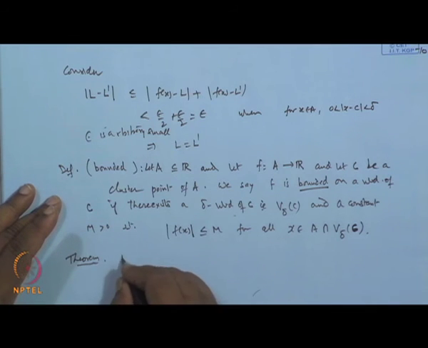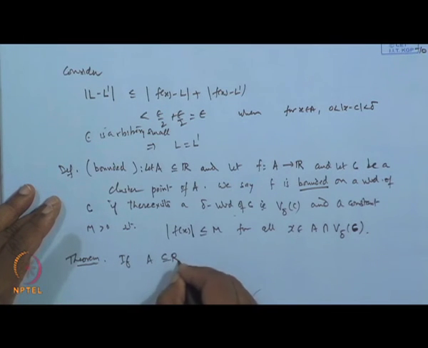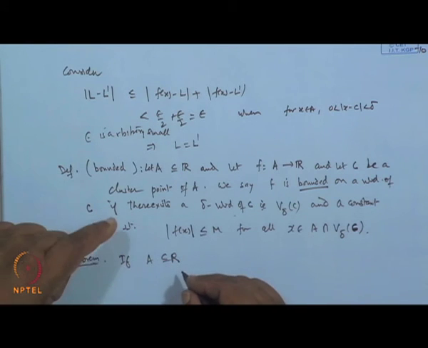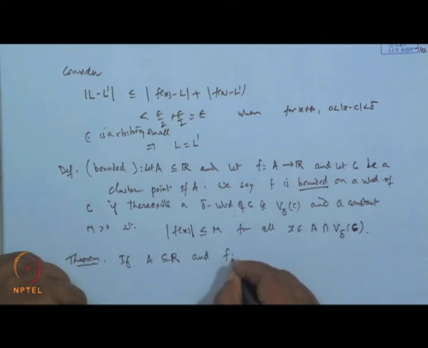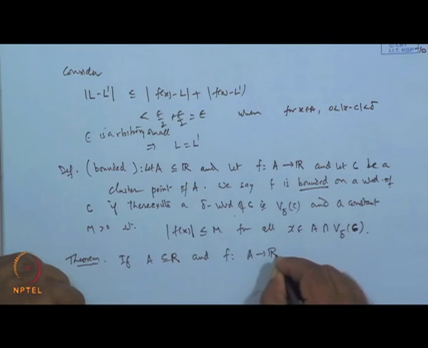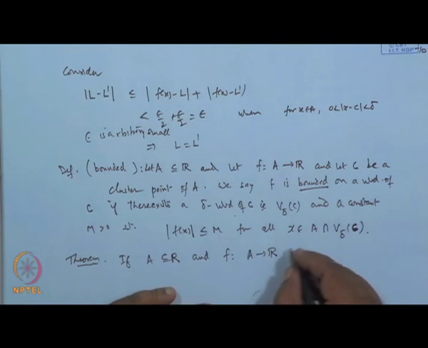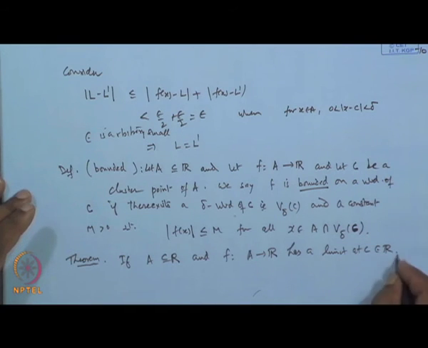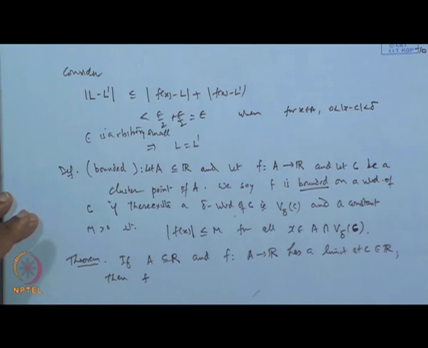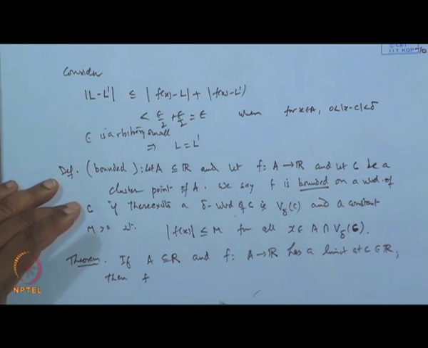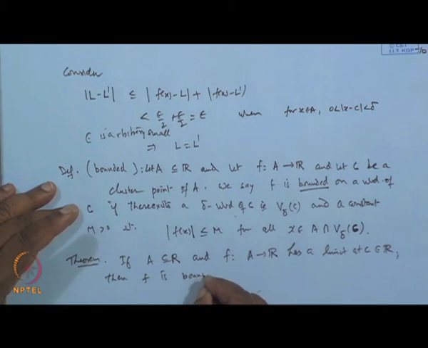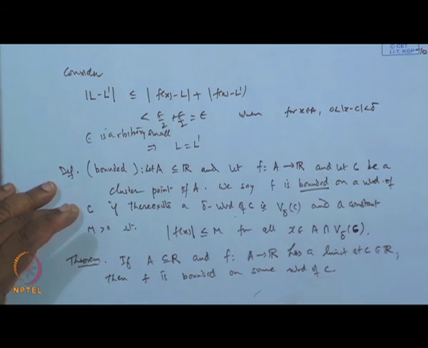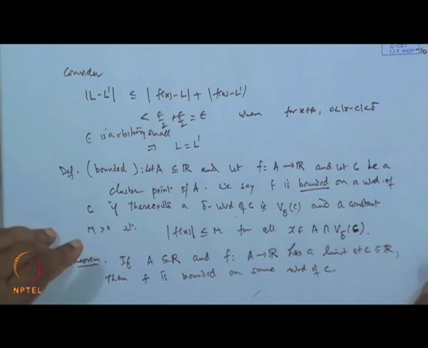So, the result is: if A is a non-empty subset of R, f is a mapping from A to R, and f has a limit at c belonging to R, then the function f is bounded on some neighborhood of c.